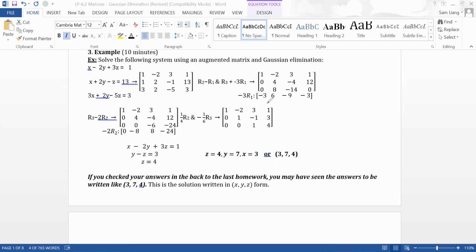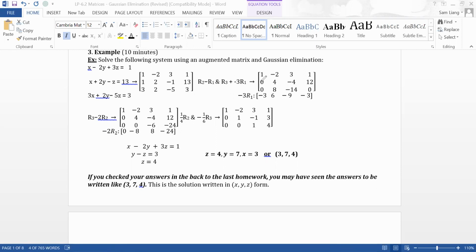Okay, all right, but yeah, so now we have zeros here and here, right? So we want a 0 instead of the 8. Okay, so for that I'm going to do R3 minus 2R2, because minus 2R2 is going to be negative 8 in that column, and if we add that, we're going to get 0. Okay, so negative 2R2 is 0, negative 8, 8, negative 24.